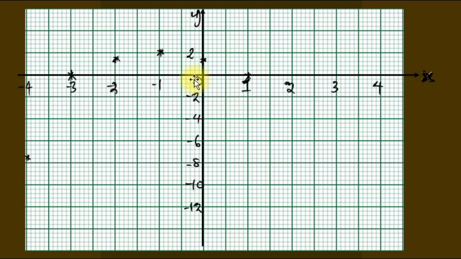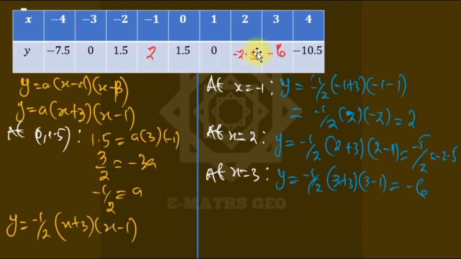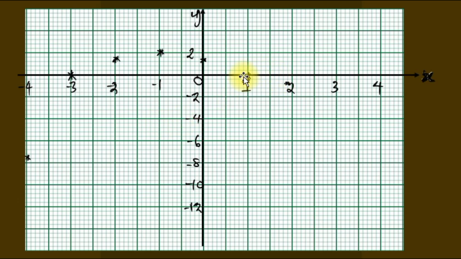So we'll move 6 points. So this is 5, 6 around here.